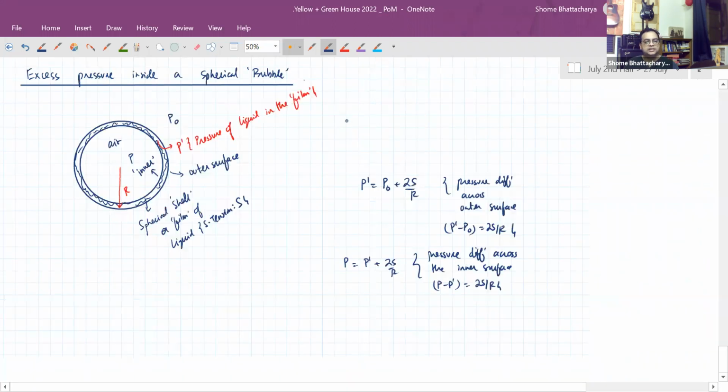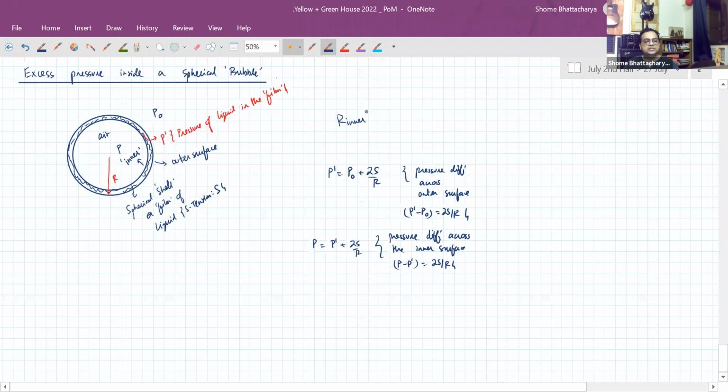So basically here we're taking R of the inner surface equal to R of the outer surface, equal to capital R. So now combining these two equations, you can see that P is equal to P naught plus 4S by R. So the excess pressure delta P inside a spherical bubble is given by the formula 4S by R.